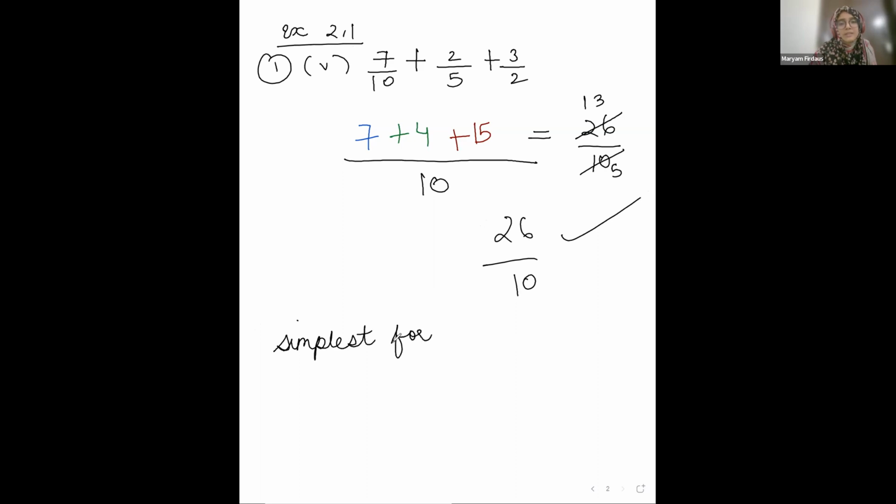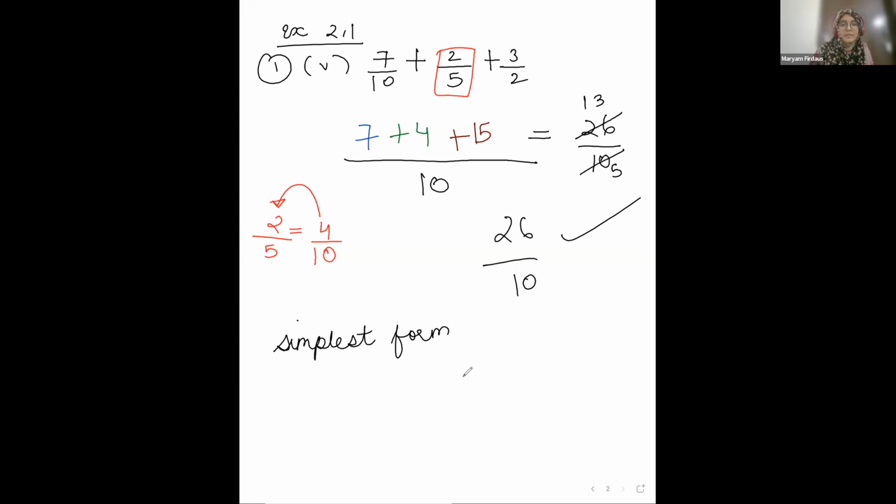Simplest form means, see, Hiba, we have a lot of equivalent fractions, right? For example, just take 2 by 5. Your 2 by 5 is the simplest form of a fraction. Simplest form means you cannot further cancel it. Whereas when you multiplied both the numerator and denominator by 2, you got 4 by 10. So 4 by 10 is an equivalent fraction of 2 by 5.